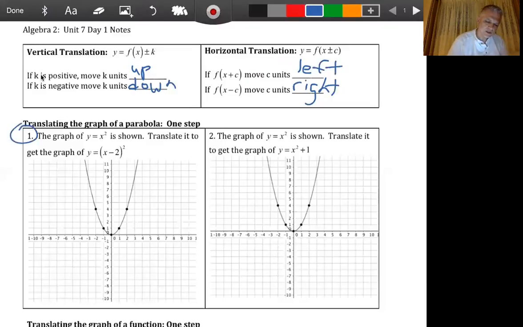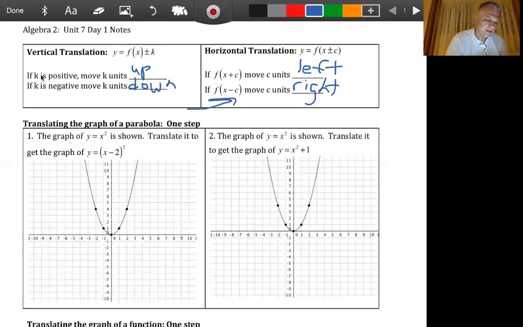Okay, let's look at question number 1. We are going to take this parabola, which is y equals x squared, and translate it by putting a minus 2 inside the parentheses with the x. Because it's with the x, it's going to move it left or right.